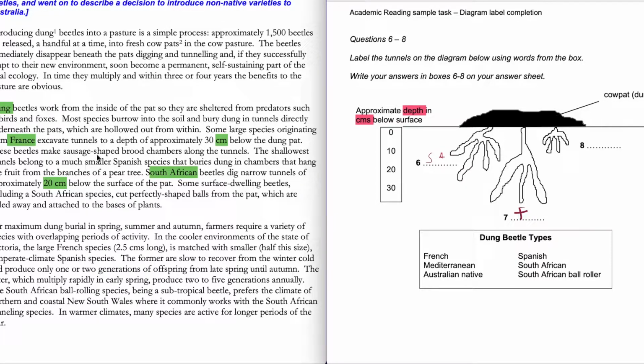So they were saying about Spanish one, and they are saying it's the shallowest one, which is lower than any other two. So the answer to the question number 8 is gonna be Spanish, and I'm gonna highlight it. I already highlighted, sorry, here, and I'm gonna write here as Spanish with the word S.